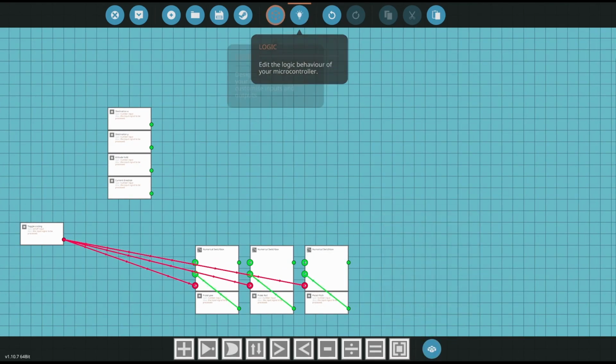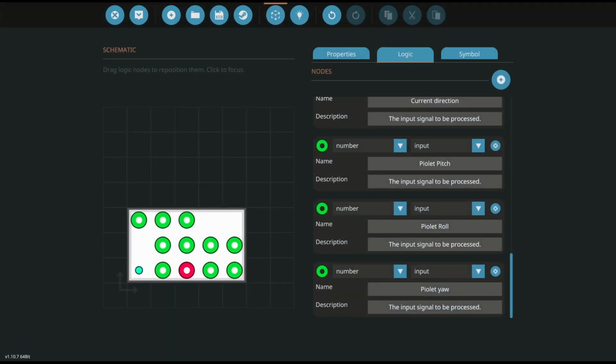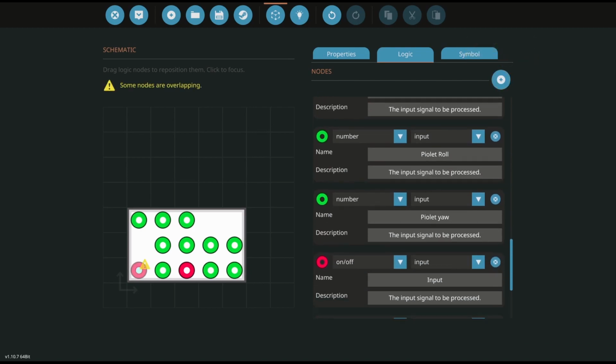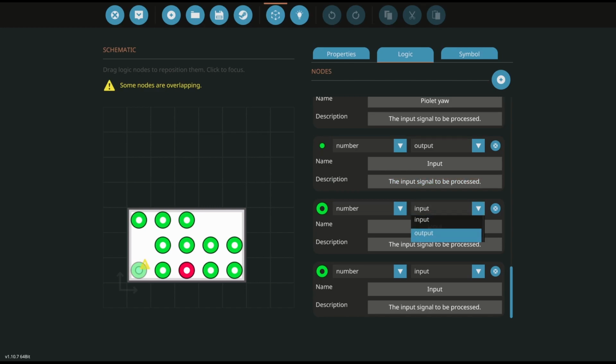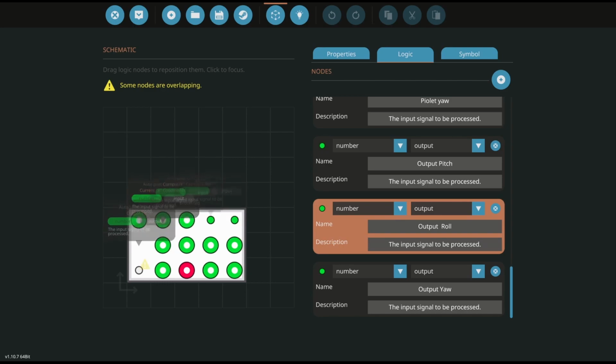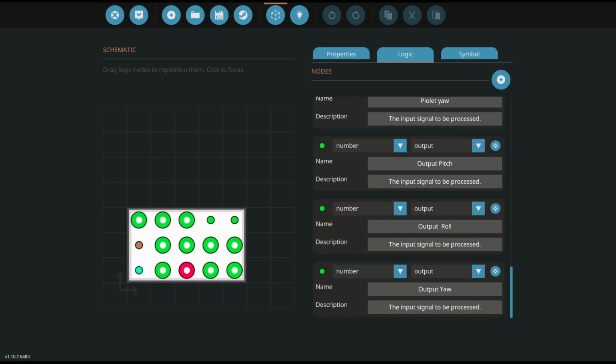Now I'm going to need another outgoing set. 1, 2, 3. All numbers, all outputs. Let's call it output pitch, output roll, and output yaw. This is a very complex computer indeed. I should probably find a way to organize this better.